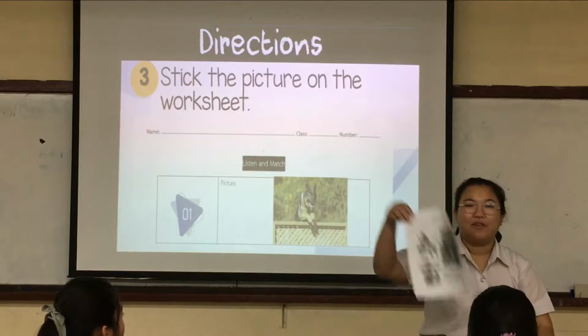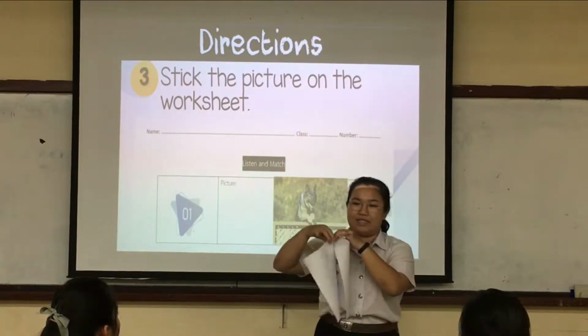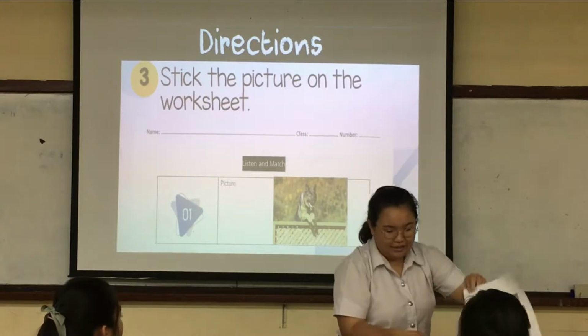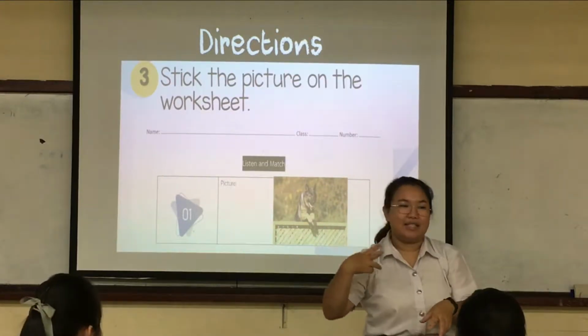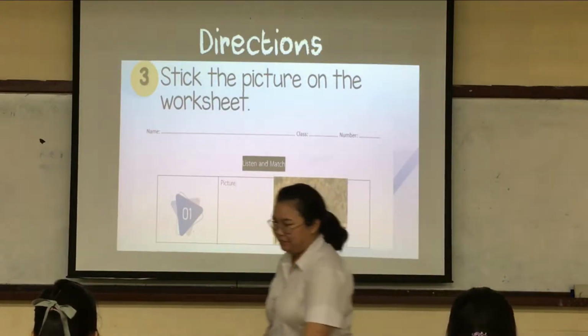Okay, when you receive the worksheet like this, you can take it off the stapler and cut it with the ruler or with the scissors. It's okay. Cut the picture out.